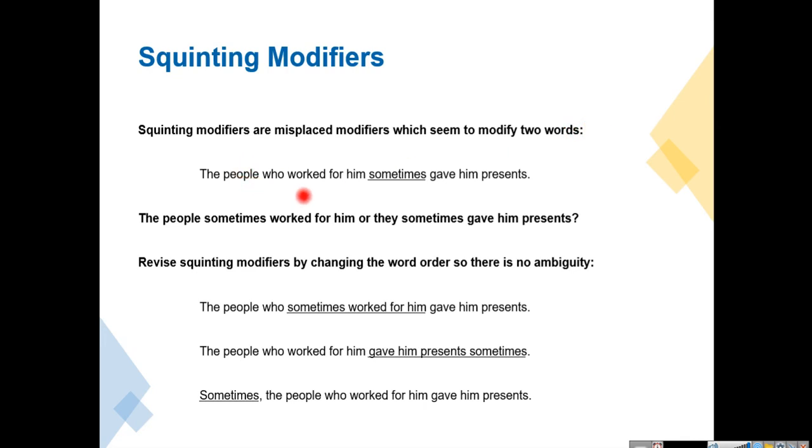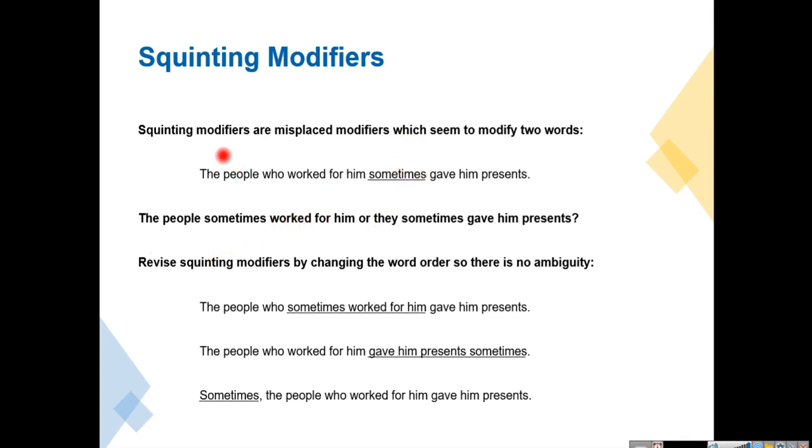The people who worked for him sometimes gave him presents. We have two subjects: the people who worked for him and the people who gave him presents. There are two kinds of people, and we have the modifier "sometimes."